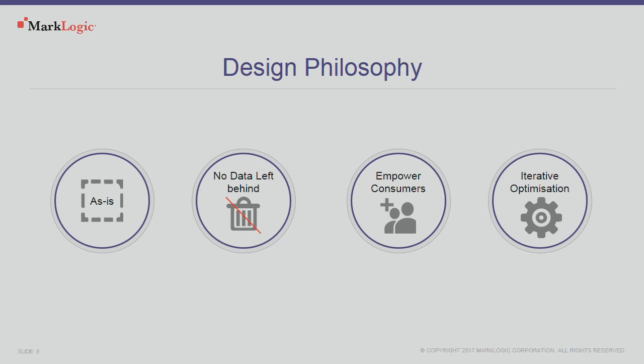The reason being is you want to at least have a complete view of the data before you decide what is relevant. Okay? 3rd step, empower the consumers. And what I mean by that is your consumers know more than your DBAs will ever know about your data, right? Because your consumers are typically liaising directly with the people who are generating the data in order to request information, request the attributes, and guarantee that all the information that they require is there.